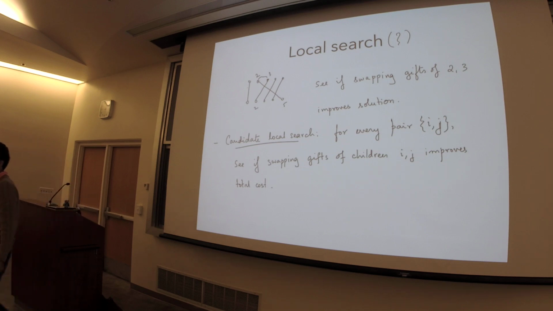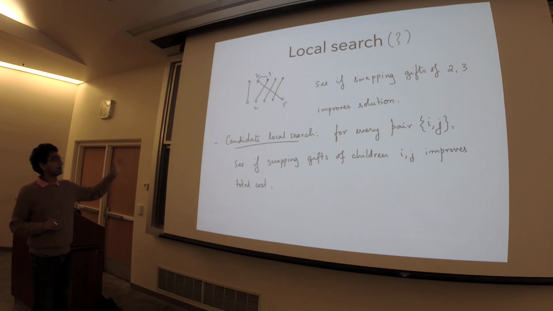Okay, just out of curiosity, how long does it take to do this check? Yeah, n squared, because you have to do this check for every pair, and of course each time it's just constant time, right? You just swap and see how much changes, because all the other assignments stay the same. That's why it's called local search. You only check if changing the solution for two children improves the value. And if so, you do this and you restart.